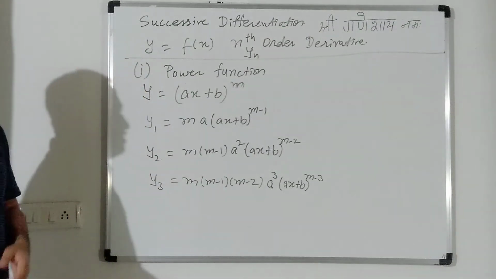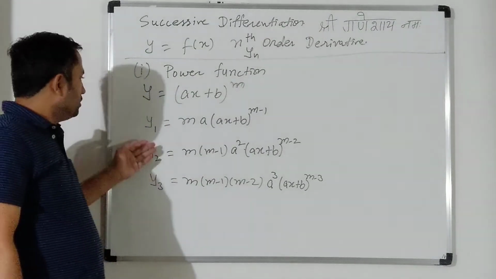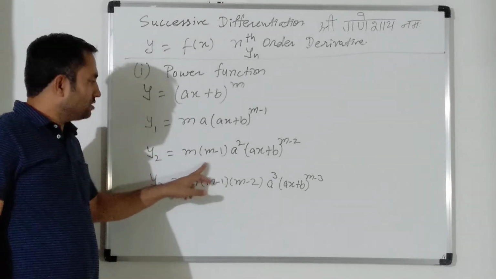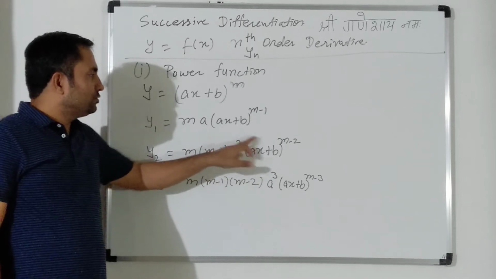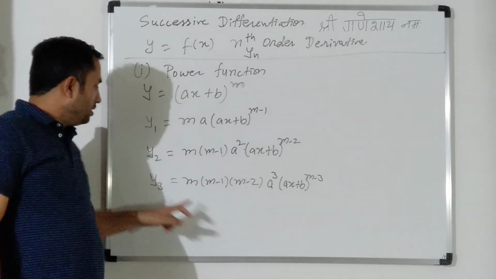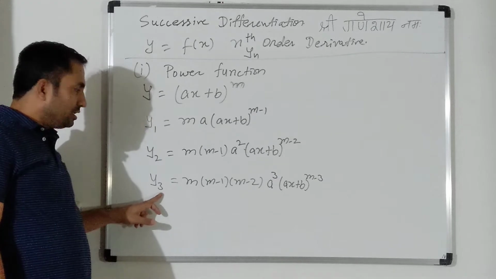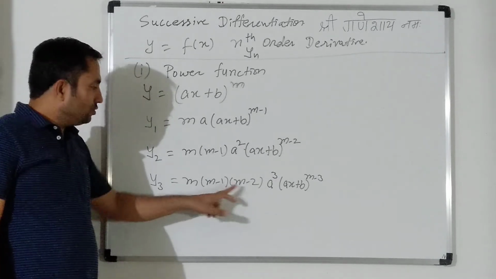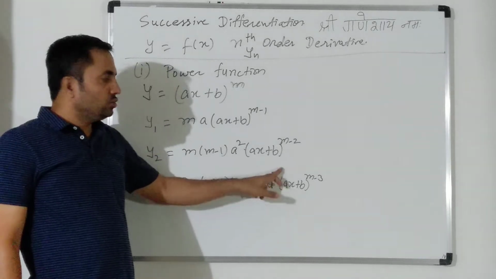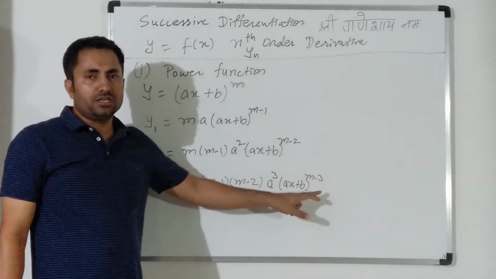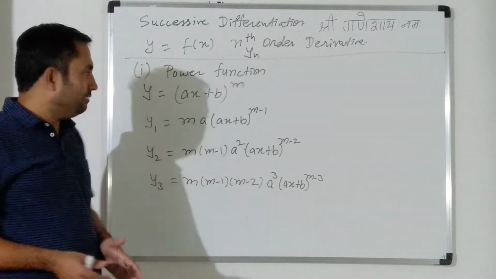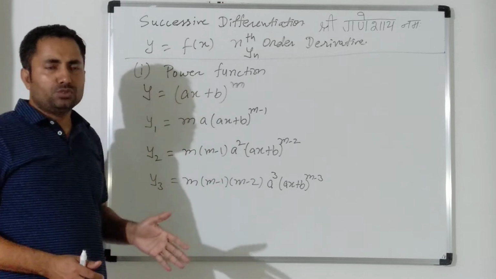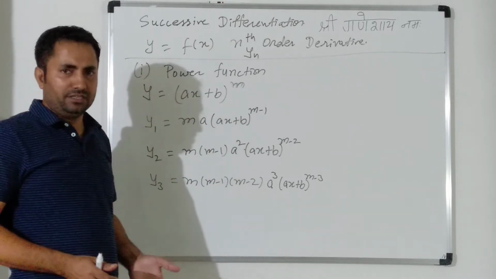Now we see the pattern. For the second derivative we have a to the power 2 and m minus 1, and for the third order derivative we have m, m minus 1, m minus 2, and a cube (ax plus b) to the power m minus 3. So now we have the pattern of successive differentiation, and we can go directly to the nth order derivative.